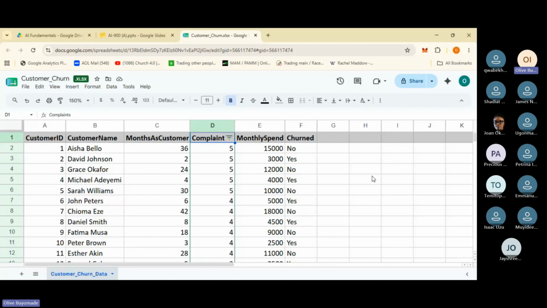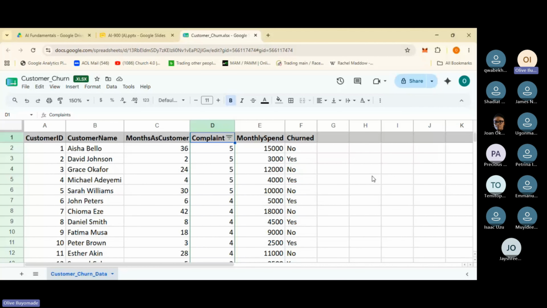And we would also see how much they've spent. Do you understand? Because somebody could have stayed a short time and could have spent more than David. Somebody could have stayed 1 month and made more purchases.